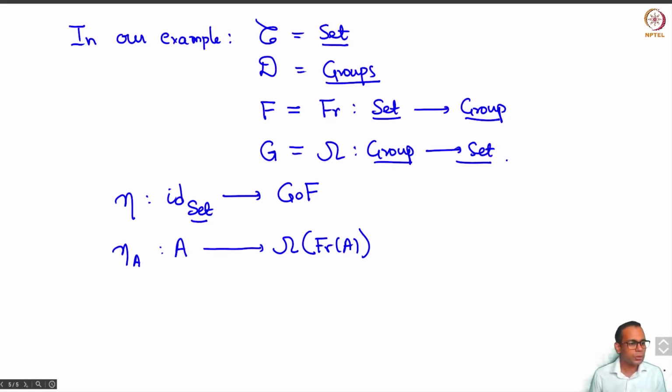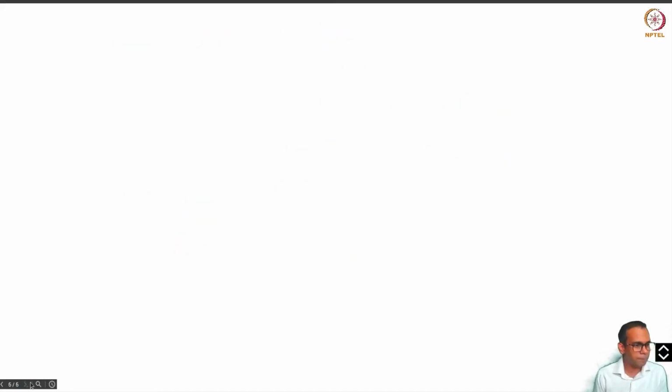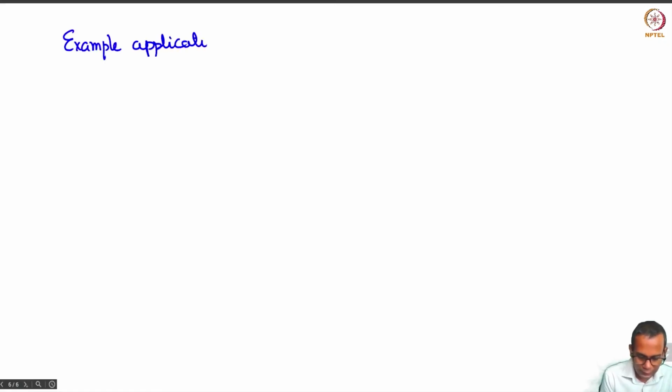Now, the notion of adjunction is very useful. We will see later in this course an example application, which you'll see in detail later. So let R be any ring, and let M be a right R module.